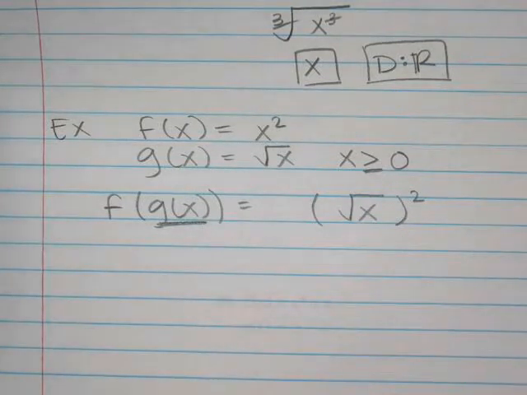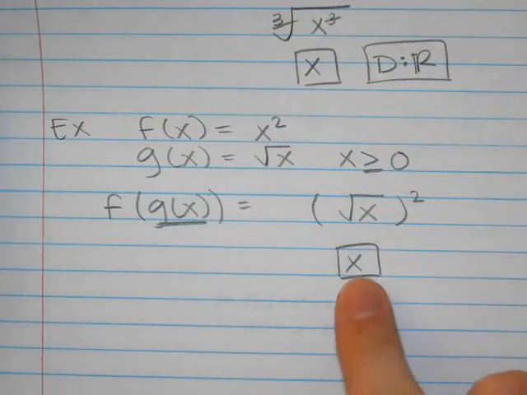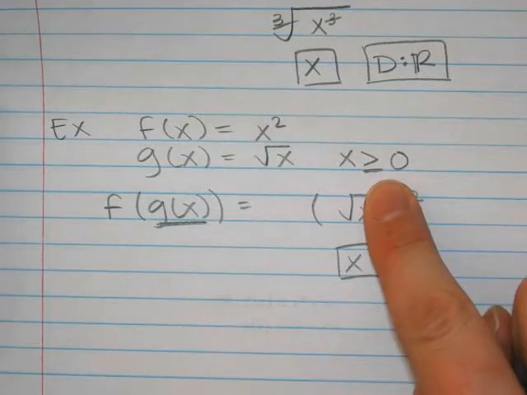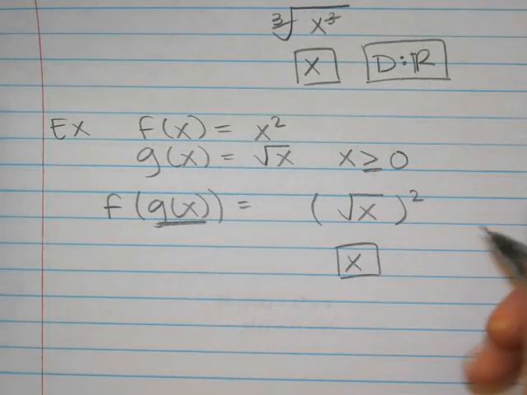So what happens when you square the square root of x? You just get x. Now it seems like the domain should be all real numbers, but what's the domain actually? Greater than or equal to 0, because that's what we predicted originally. Okay? That's a favorite for composition problems, so watch out for that one.